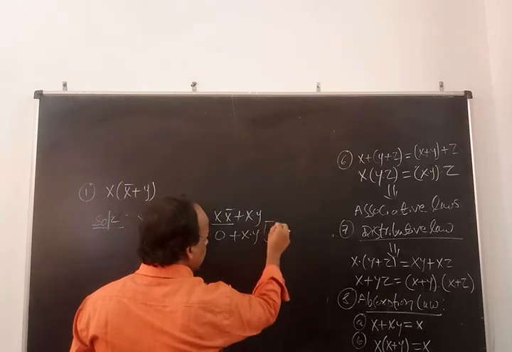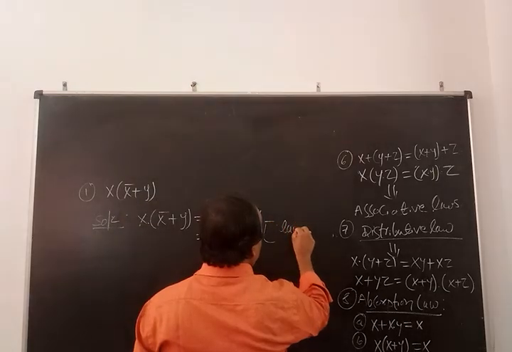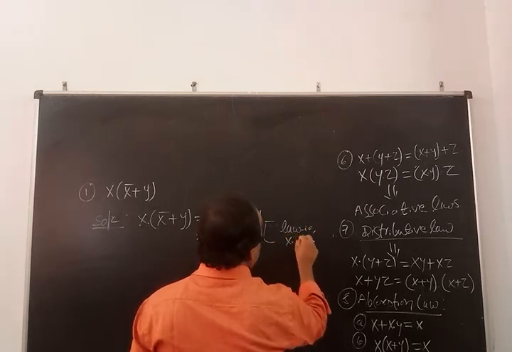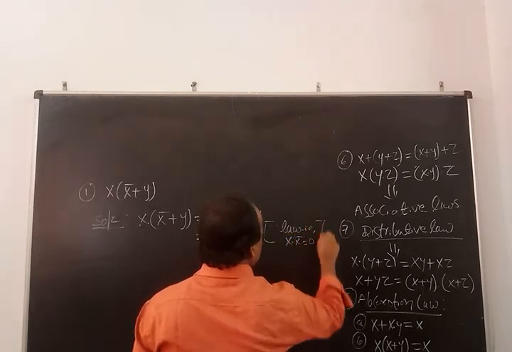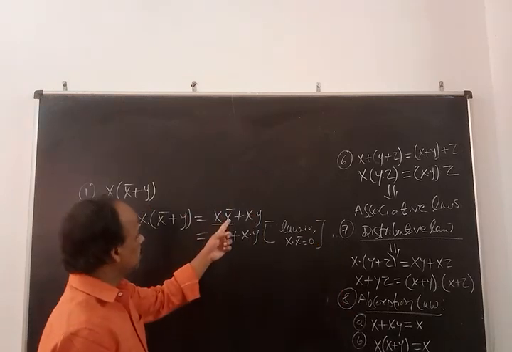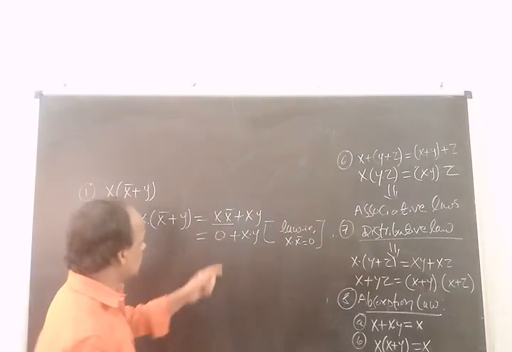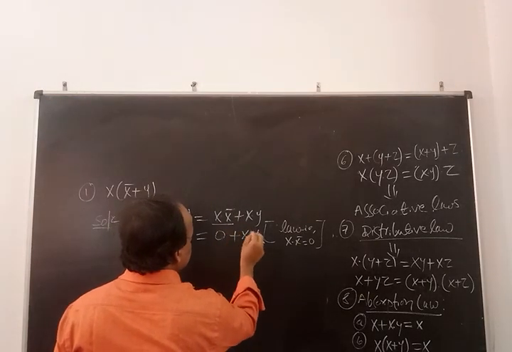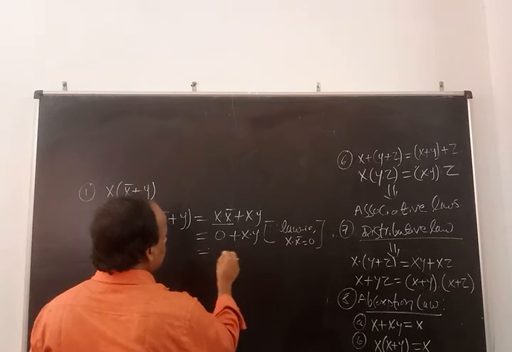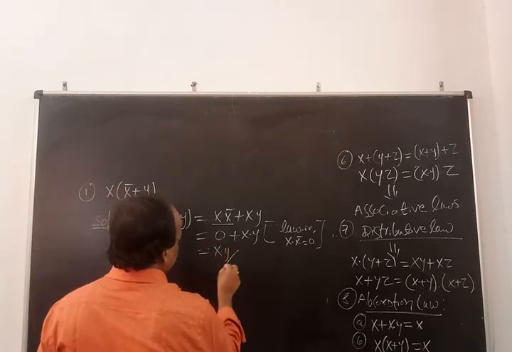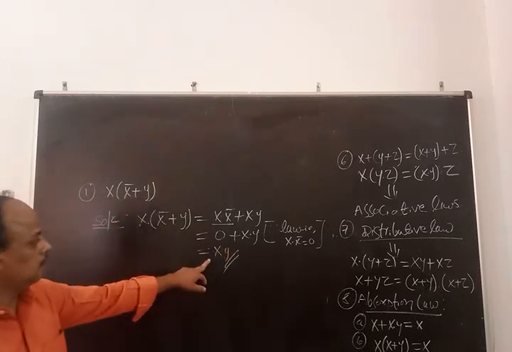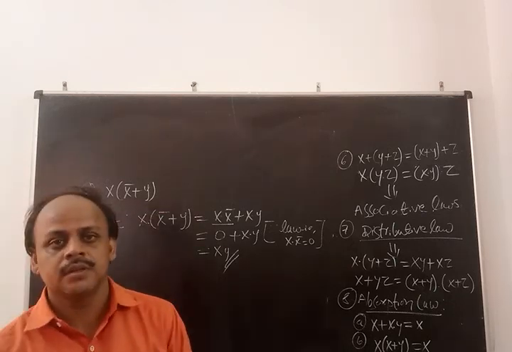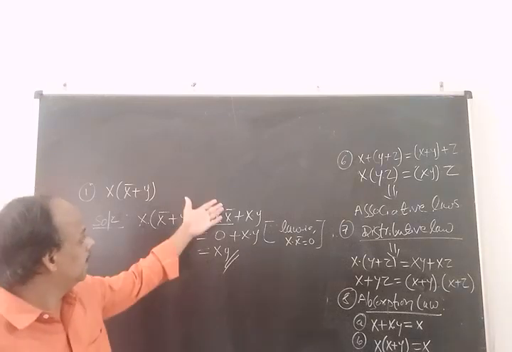We have to write the reason here, because of the law, that is x into x bar is equal to 0. Instead of x into x bar, we have to substitute value 0. Therefore, it becomes 0 plus x into y. Now we get x into y. This is what? Minimization of the given Boolean expression using Boolean laws.